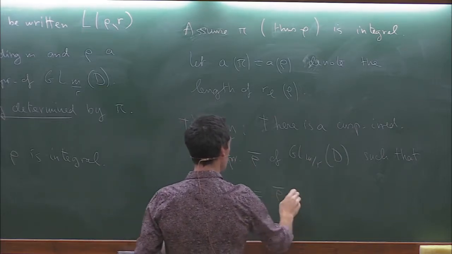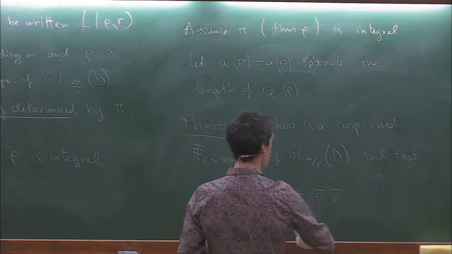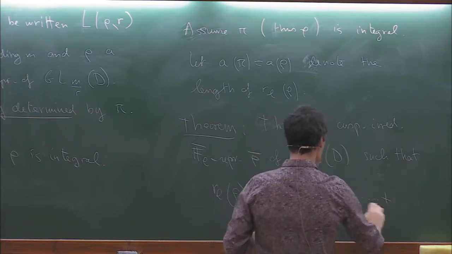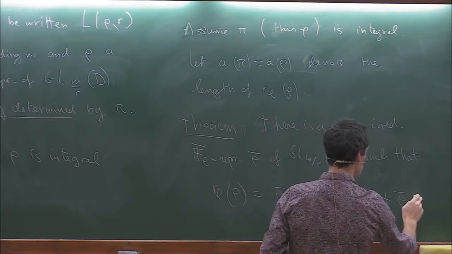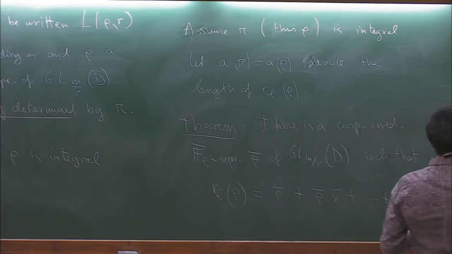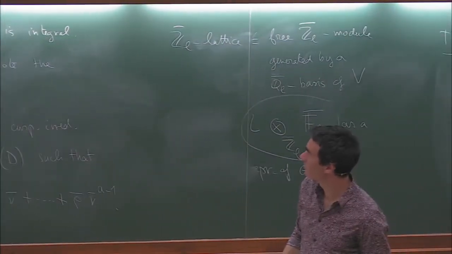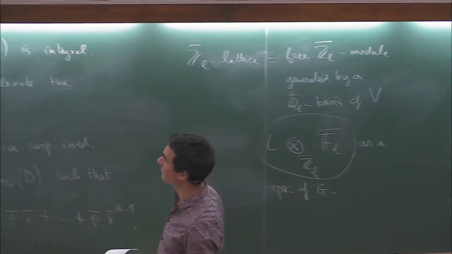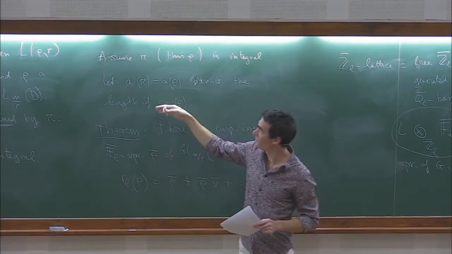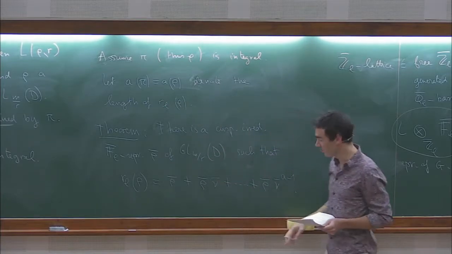It is rho bar plus rho bar twisted by nu bar, up to rho bar twisted by nu bar to the power a minus 1. I will explain what it is after. Now it is a definition. We know that r_L of rho has finite length, and by definition, a(pi) is the length of this reduction mod L.